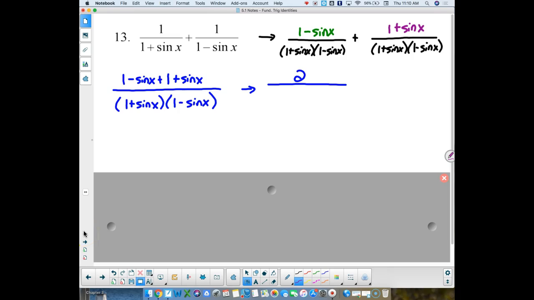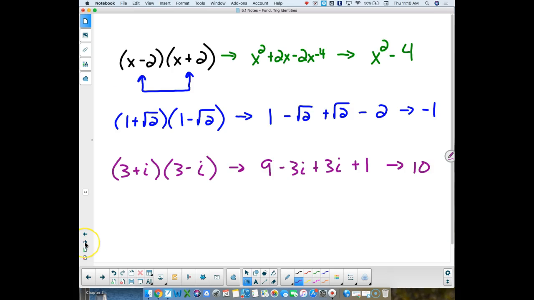More importantly, notice in these two, in blue and purple, what happens to the radical in blue? What happens to the i in purple? It disappears, right? In algebraic terms, the linear term disappears.